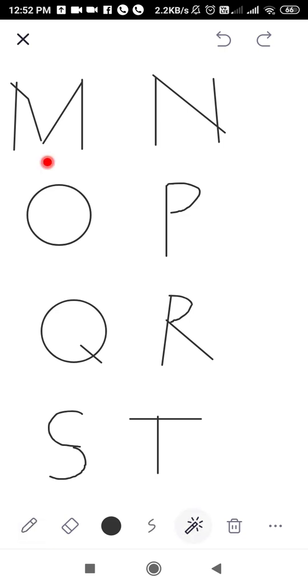So it's M for moon, M for mango, then N for nest, N for neck, O, O for one, O for orange, etc. Then P for pen, Q for Q, then R for red, rabbit, etc. S for sheep, S for sun.